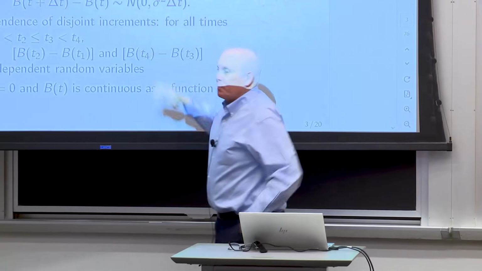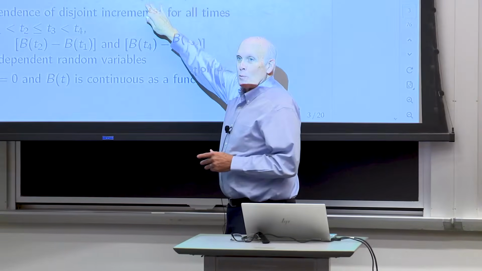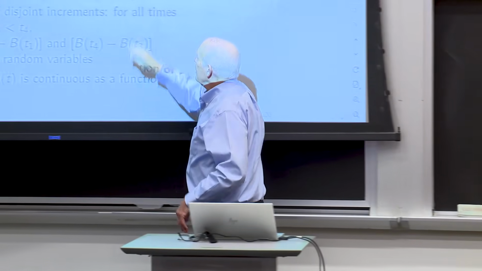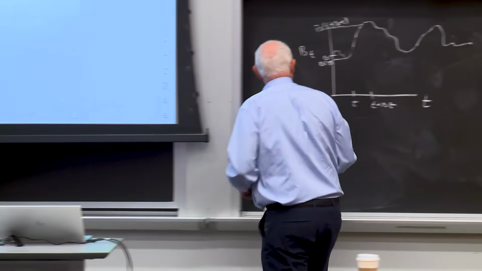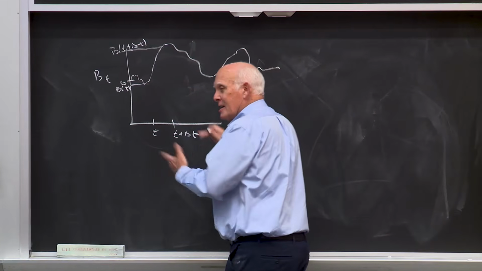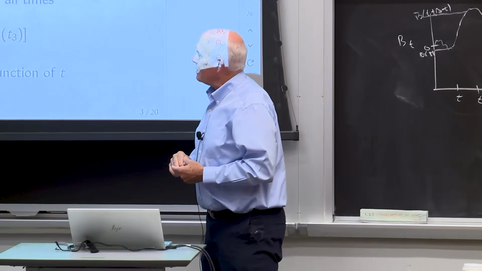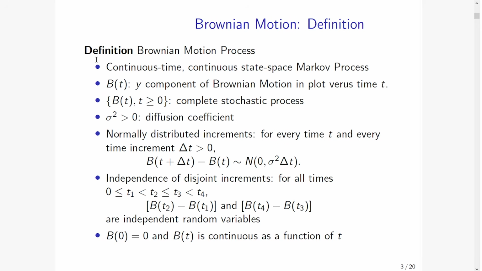And the normal distribution for the magnitude of that increment will be a normal random variable with mean 0 and a variance that is proportional to the length of the interval. So as we consider increments delta t that are larger, we'll have greater variation in the vertical increment that's normally distributed. Now, in addition to normal increments, we have independent disjoint increments.